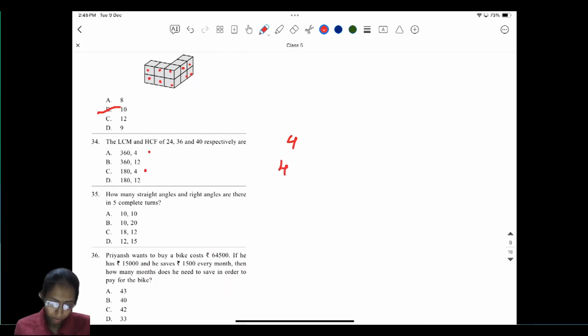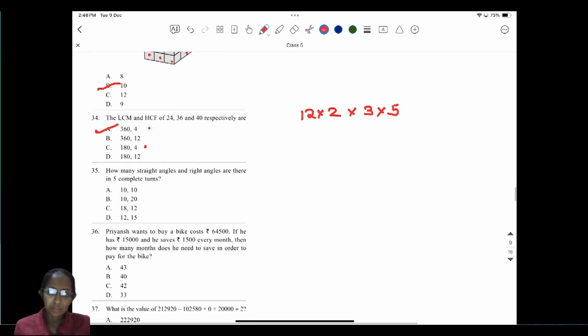So that is 4 into, okay, we are having 24, that is 12 into 2 into 3, 36 and into 5. So 360 is the LCM and 4 is the HCF.